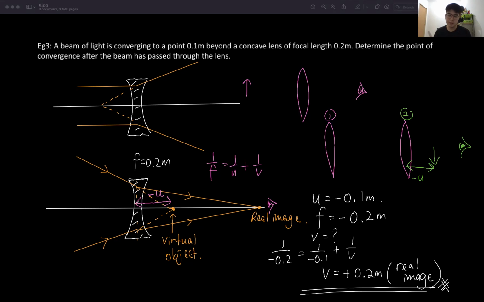We finished the lens. Okay, I have an exercise for you. You can take the time, you can do it in class.